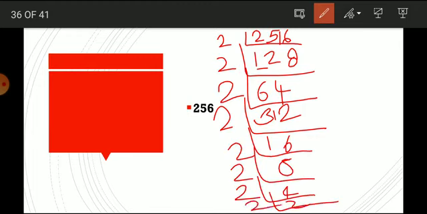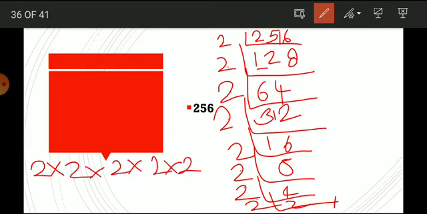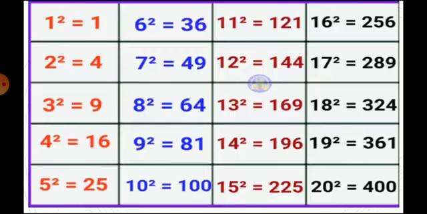Again I will take 2, which gives 1. So the answer is: how many 2's? 1, 2, 3, 4, 5, 6, 7, 8. 2 into 2 into 2 into 2 into 2 into 2 into 2 into 2. Yeah, the 6400 you should do in your notebook.